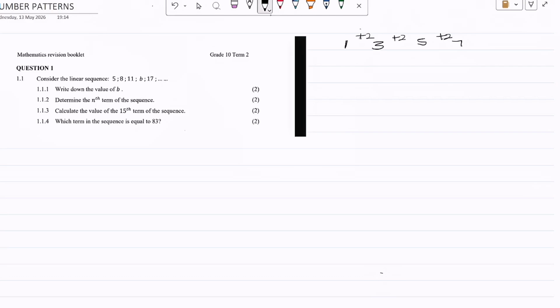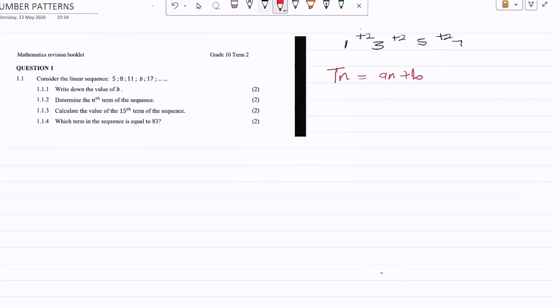You guys did this in grade 9, I think, where you were saying we are adding 2 to each consecutive term to have the other term. But now in grade 10, you were introduced to a topic like this by your teacher. If you have covered the topic at school, Tn is equal to an plus b.